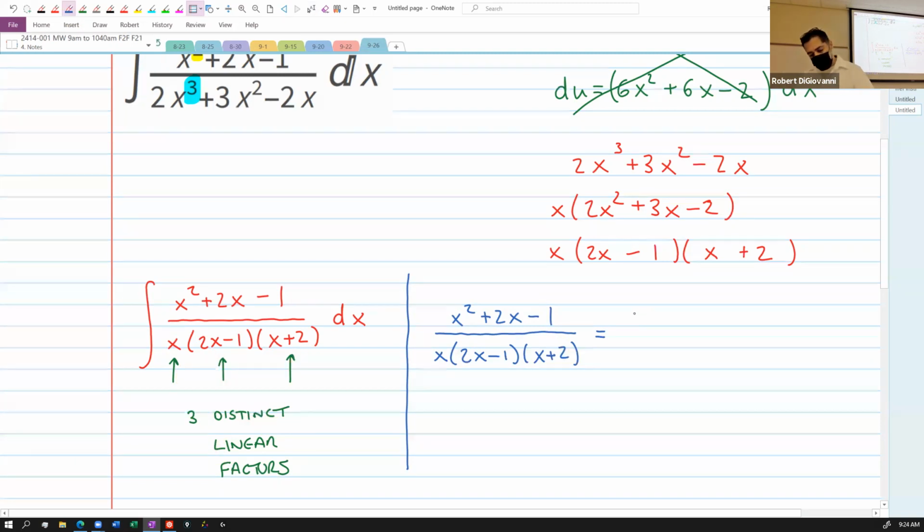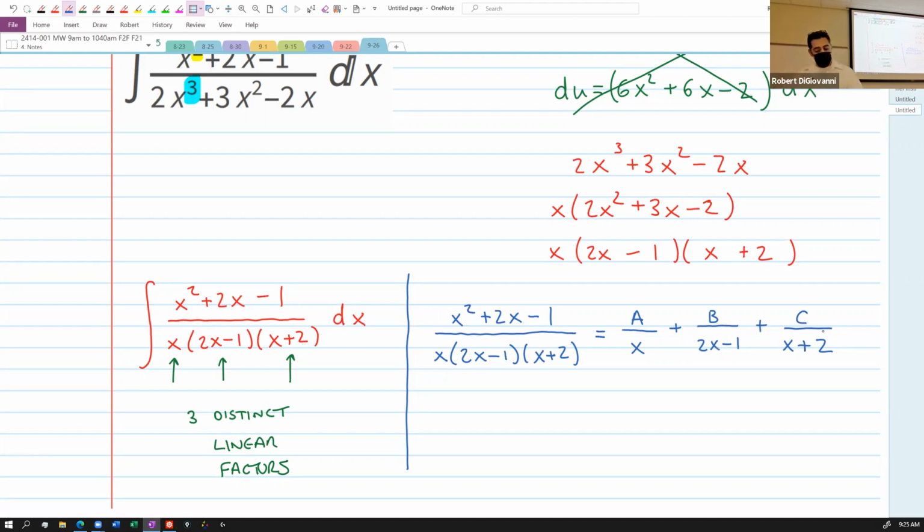So some number, a, over the first distinct linear factor x, plus b over the second distinct linear factor, plus c over the third distinct linear factor. Yeah?